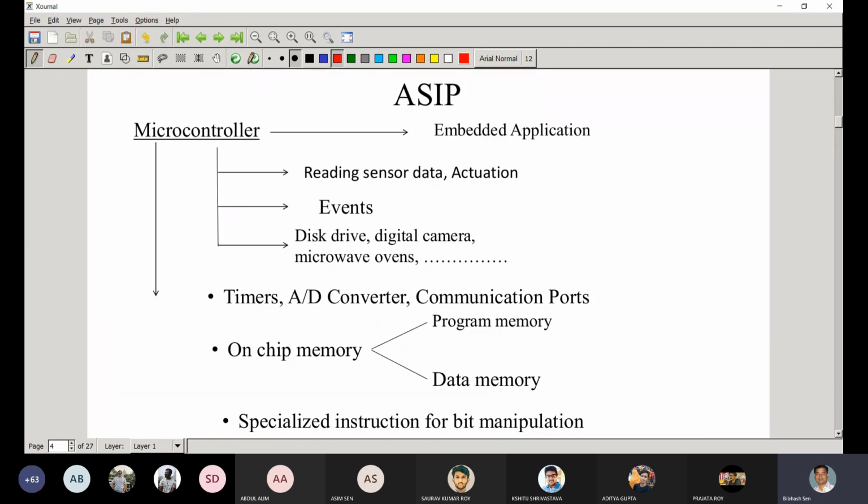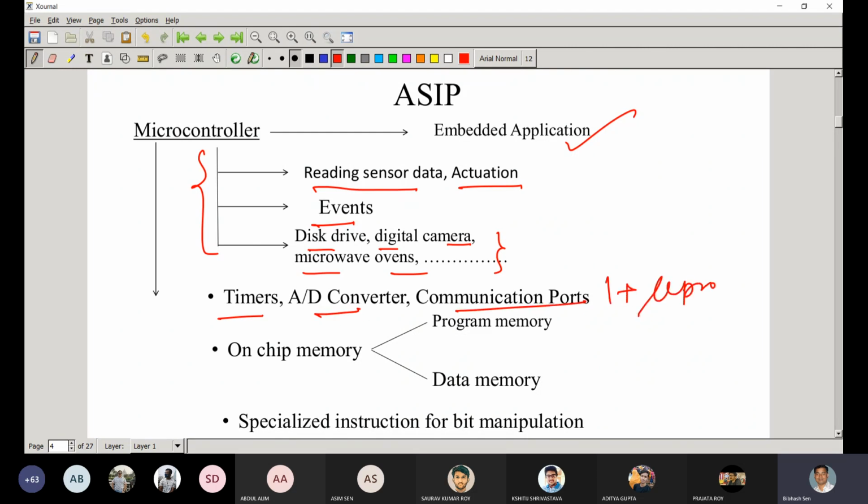Now in case of the microcontroller, that is mostly used for embedded applications. That means reading sensor data or actuation, events, disk drives, digital cameras, microwaves; everywhere these are applicable. Except the microprocessor part, this part has a timer, analog to digital converter, and communication port, plus the processor unit.